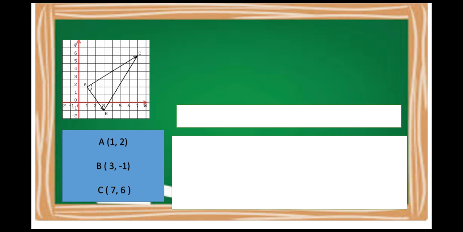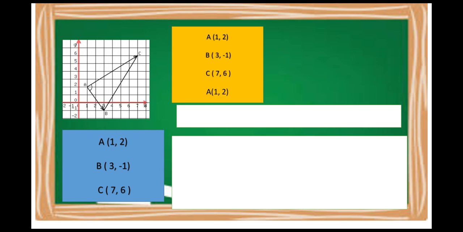The first step is to list them down vertically, and put the first point at the last part. So we have points A, B, C, A.